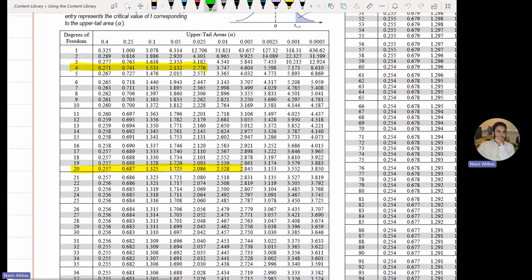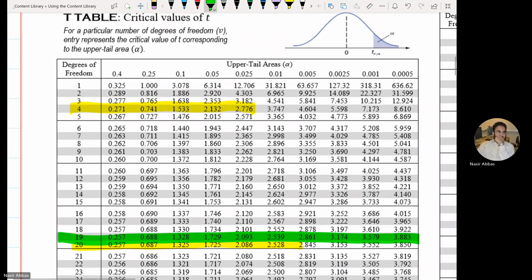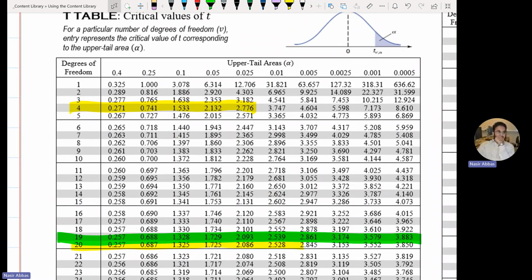Okay, here is T19. What is the probability of T19 more than 1.2705? Try to find 1.2705. Is it there? Will it be there? Never. But it is between.